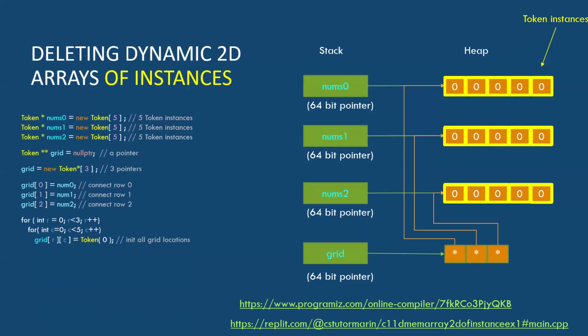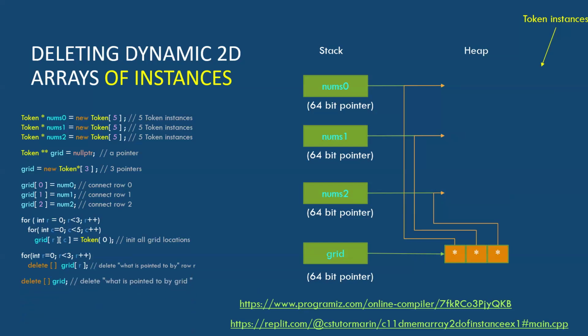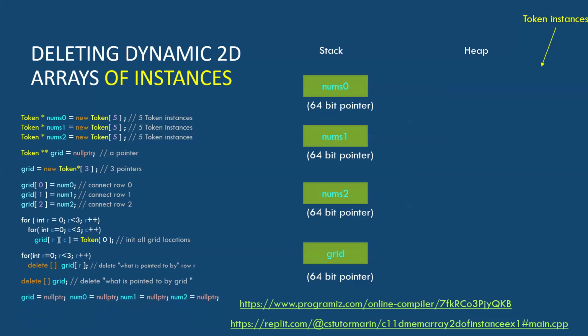It's just me going through after I create it, delete the rows, then delete the structure that accesses the rows, which is what the grid is pointing to. The grid variable doesn't go away. That's not what we're doing there. We're just getting rid of what the grid points to, and then we nullify the pointers.